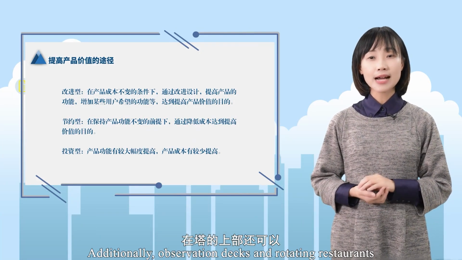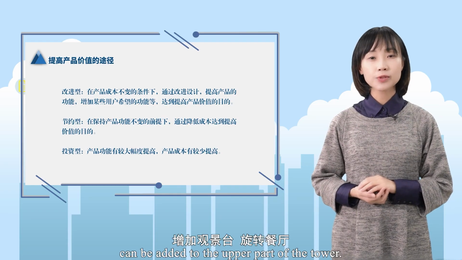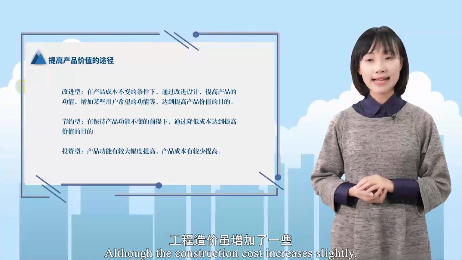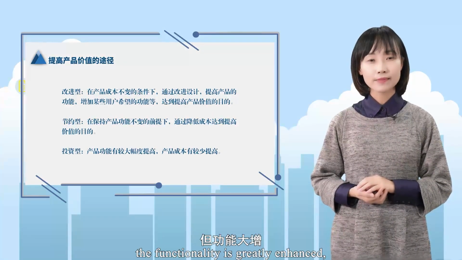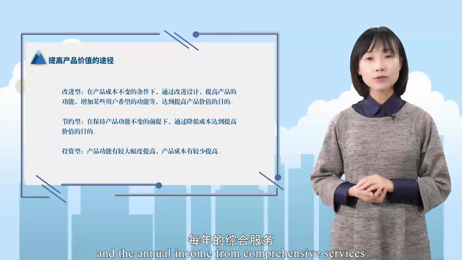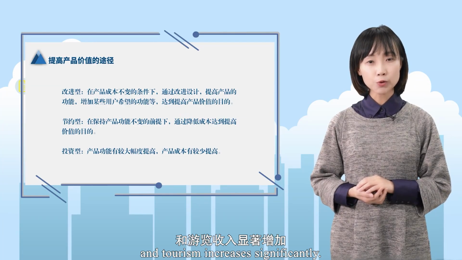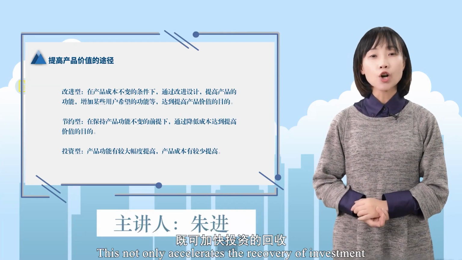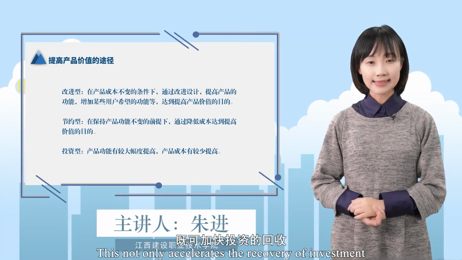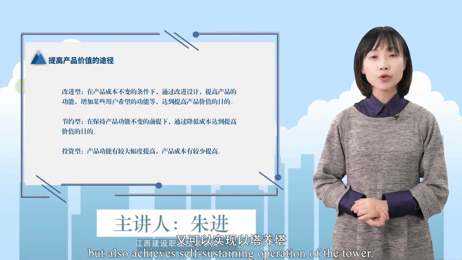Additionally, observation decks and rotating restaurants can be added to the upper part of the tower. Although the construction cost increases slightly, the functionality is greatly enhanced, and the annual income from comprehensive services and tourism increases significantly. This not only accelerates the recovery of investment, but also achieves self-sustaining operation of the tower.